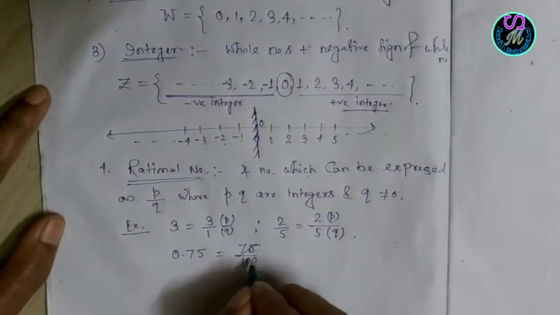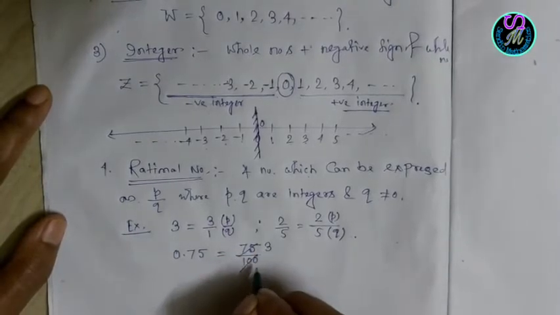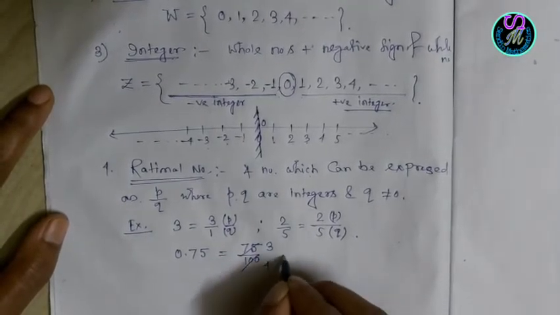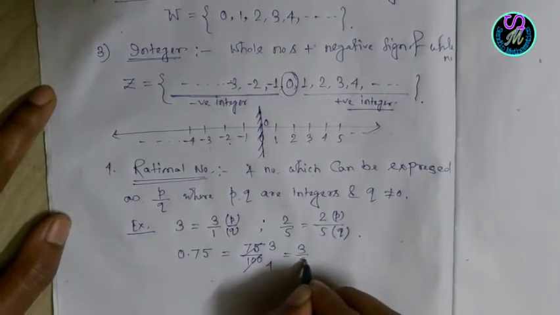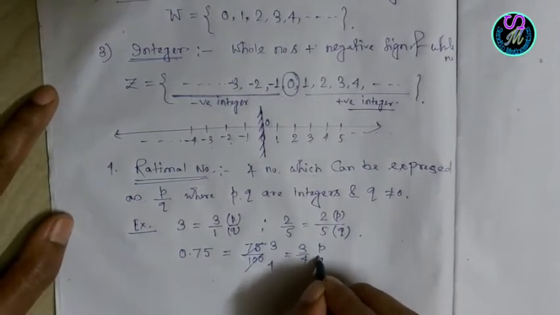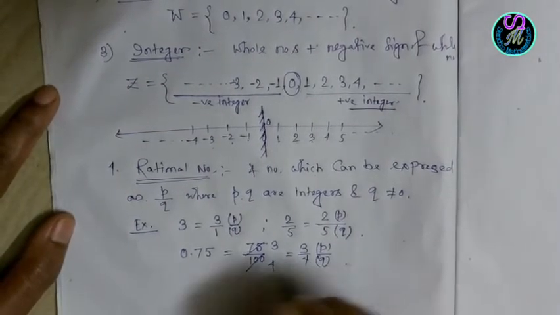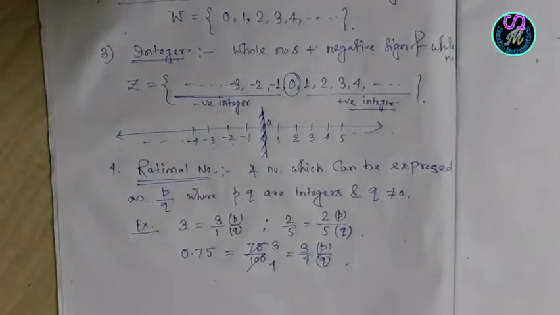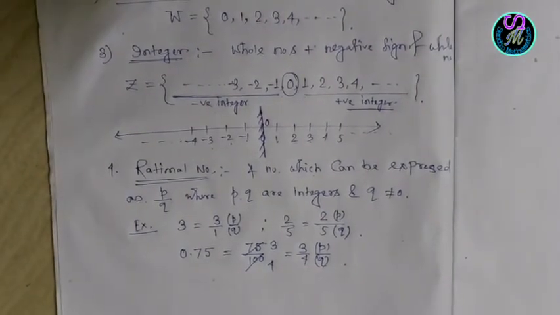If you simplify, 25 times 3 is 75 and 25 times 4 is 100, so this is 3/4. So this can be expressed as P/Q. So 0.75 is a rational number.